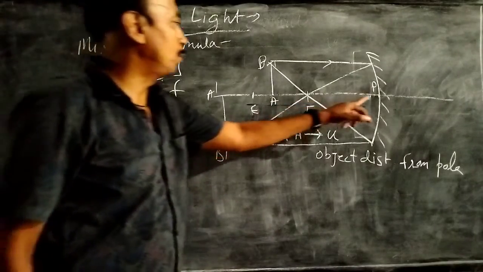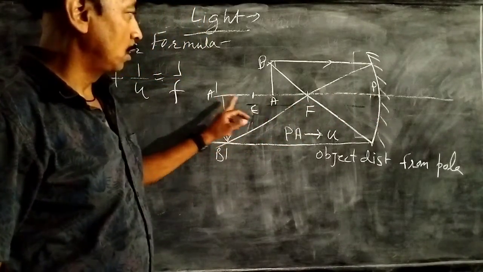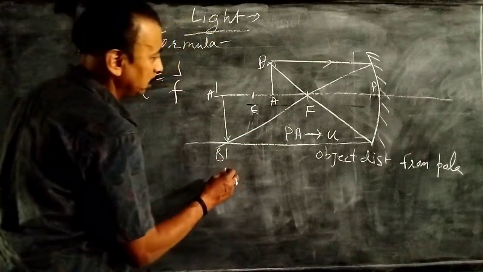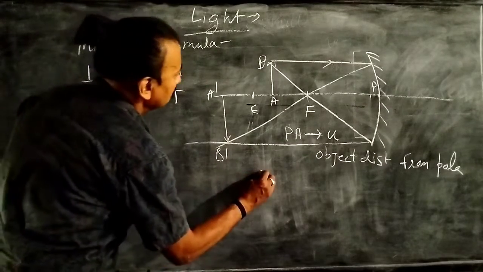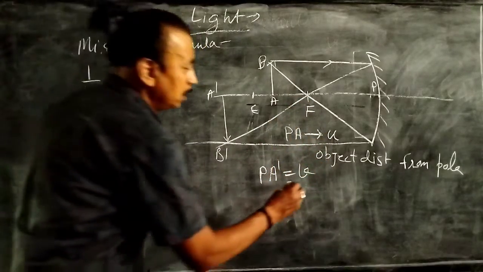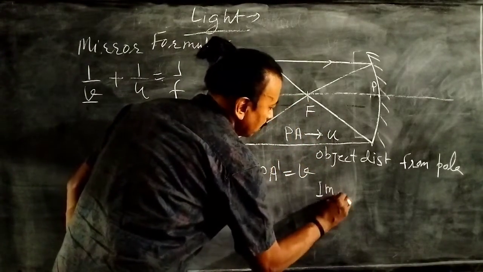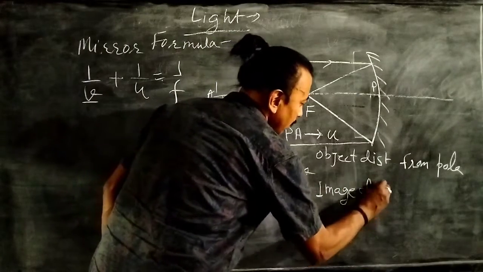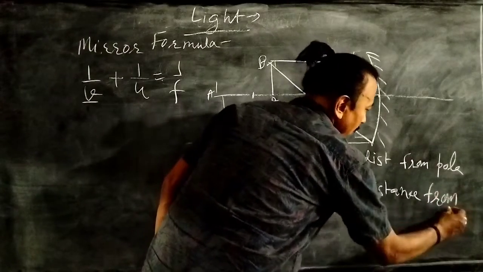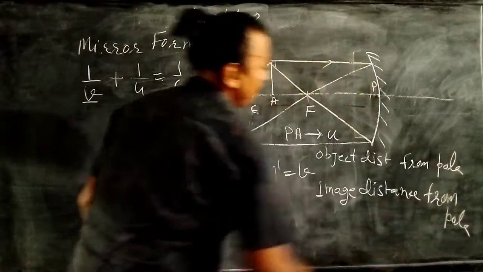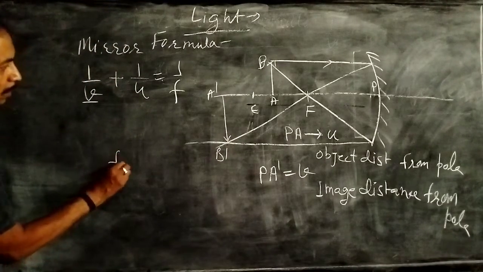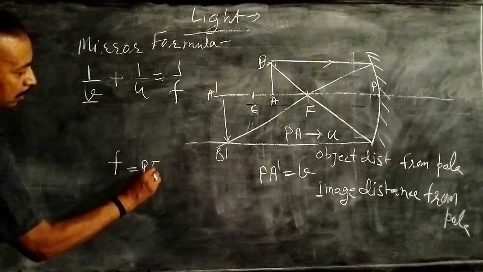The distance from pole to this A dash along the principal axis is called image distance, V. This distance is called V, P A dash to V. That is our image distance from pole. F is focal length. Here it is PF, focal length.